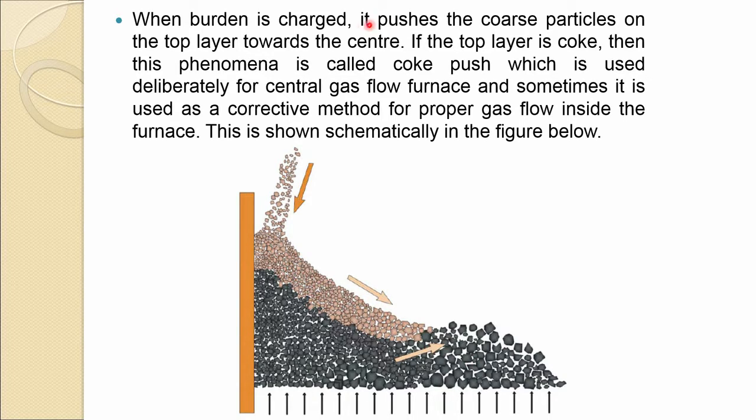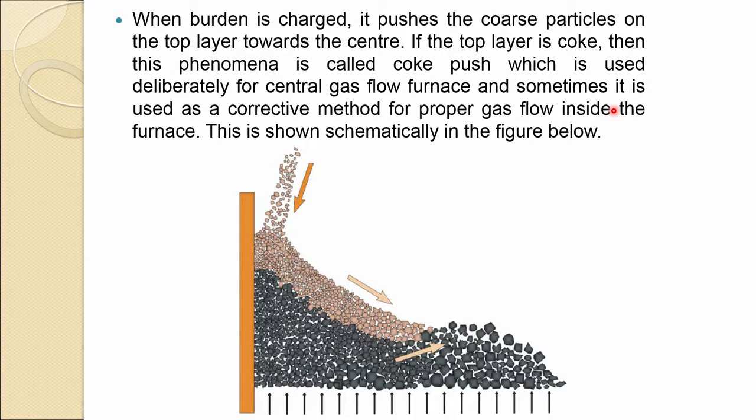When the burden is charged, it pushes the coarse particles on the top layer toward the center. If the top layer is coke, this phenomenon is called coke push, which is used deliberately for central gas flow in the furnace, and sometimes as a corrective method for proper gas flow inside the furnace.